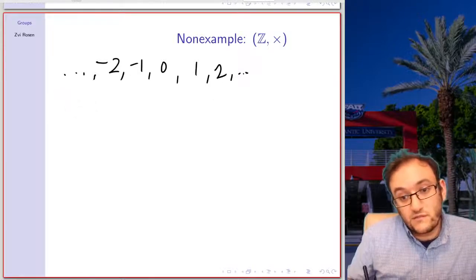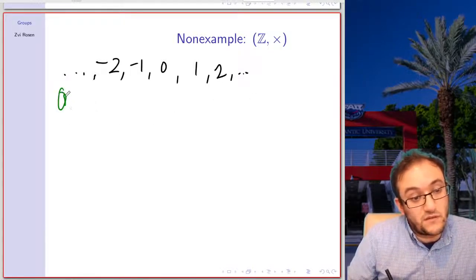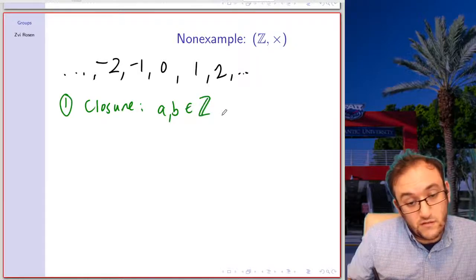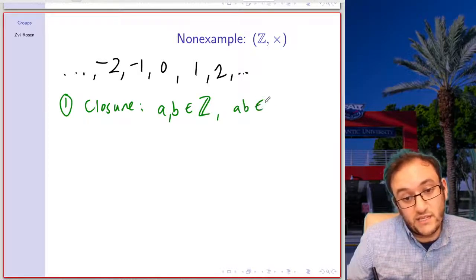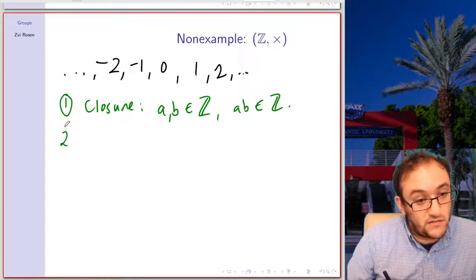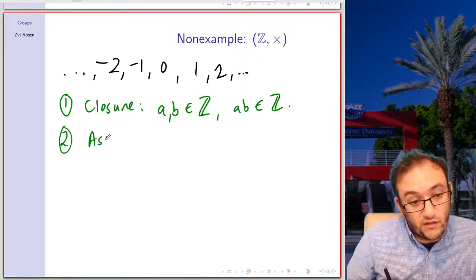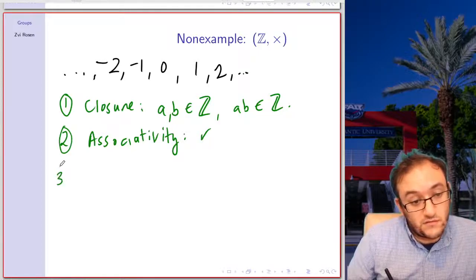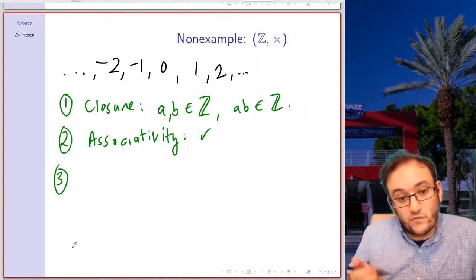So let's use this for axioms. Closure. If a and b are integers, then ab is an integer. Right? That's great. Associativity also works, just by definition of the way we multiply things.